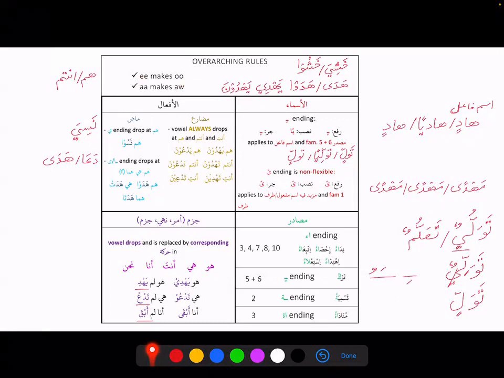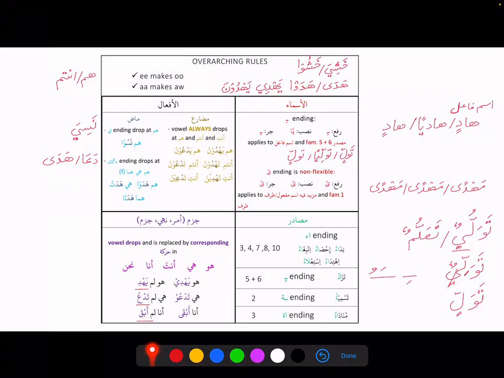And then if we have an a sound, like we have in hada, or we can see that the middle root letter, hada, ya being the root letters, and dal have fatha. When that happens and we are conjugating hum and antum, it will take an au sound. So hada will become hadaya in huma, and then hadau, not hadu, hadau.